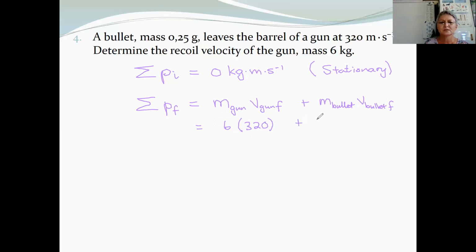The mass of the bullet is 0.25 grams, so it's 0.00025. And its final velocity we don't know. The final velocity of the bullet will be negative 6 times 320 divided by 0.00025.